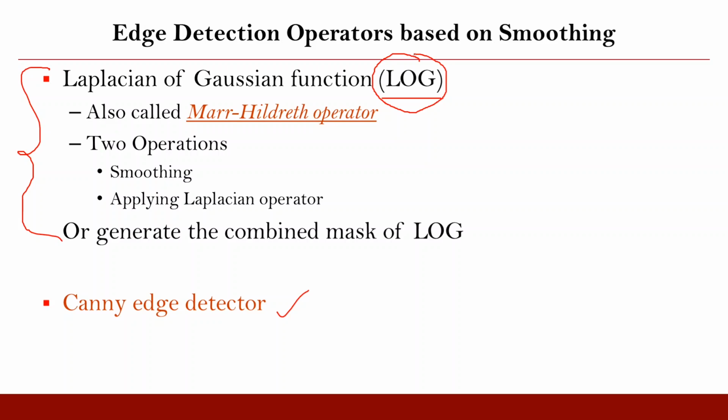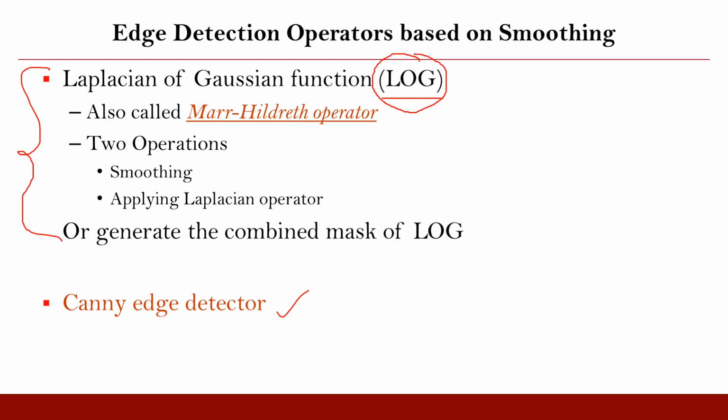So in LoG operator, we are not performing Gaussian smoothing separately and then the derivative computation separately. These two operations are actually combined here. And what is the logic behind combining these operations? If you analyze these two operations, the nature of these two operations is actually very opposite to each other. For example, in case of smoothing, you are trying to suppress the sharp features.